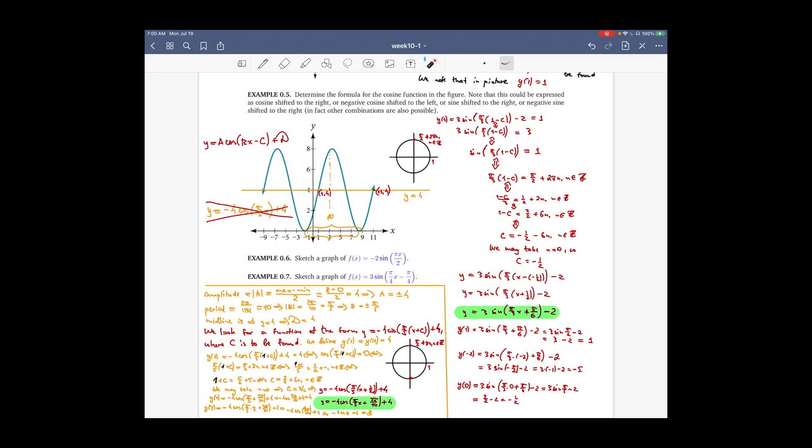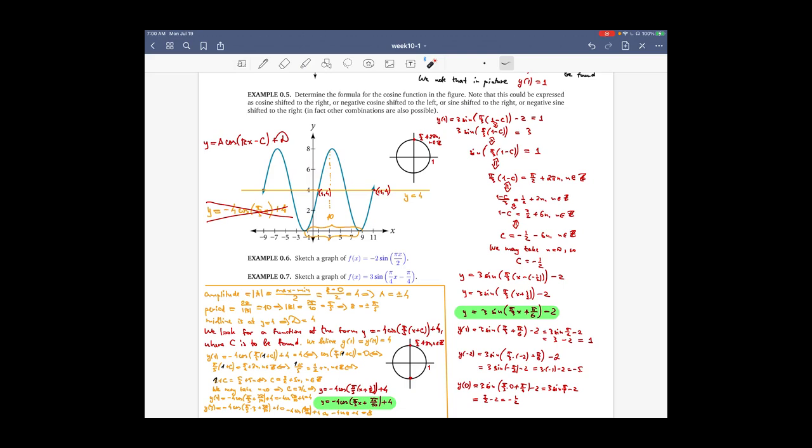The amplitude is 4. And the horizontal shift is negative 3/2. Or rather, the horizontal shift is to the left by the value of 3/2.